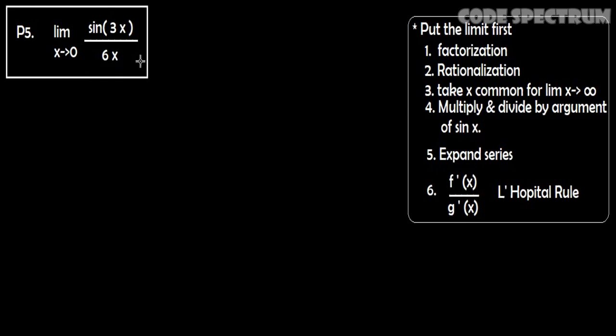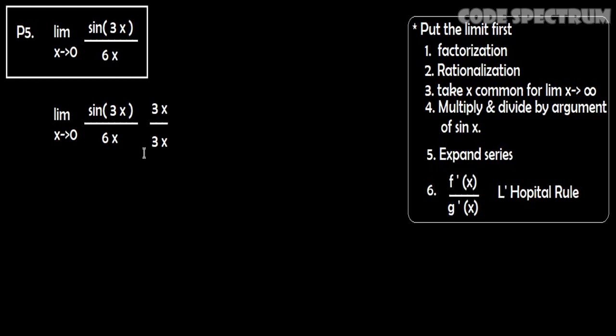If you see sine in the numerator or denominator, try to see the argument, and the argument is 3x. Now what you will do is take this argument, divide by it and multiply accordingly, so the resultant is the same.